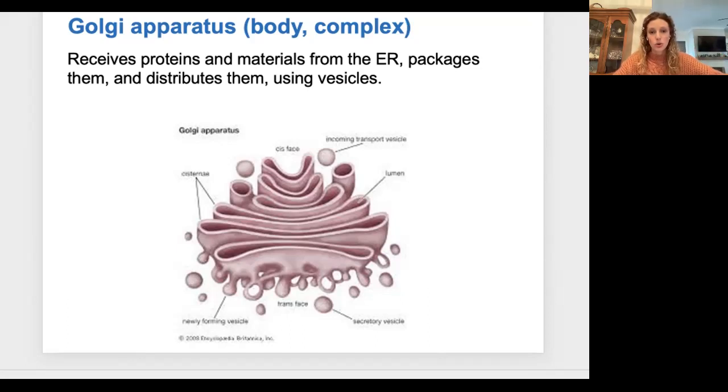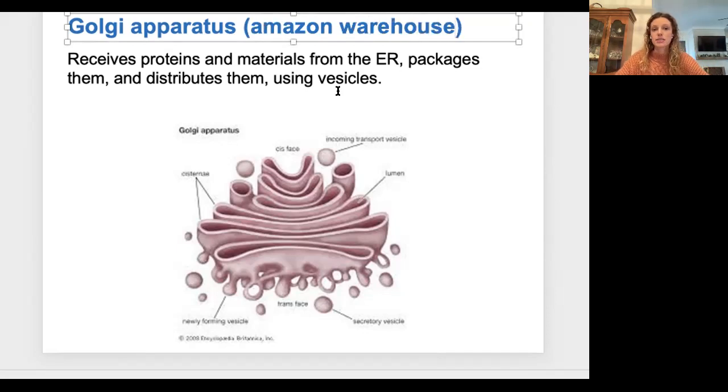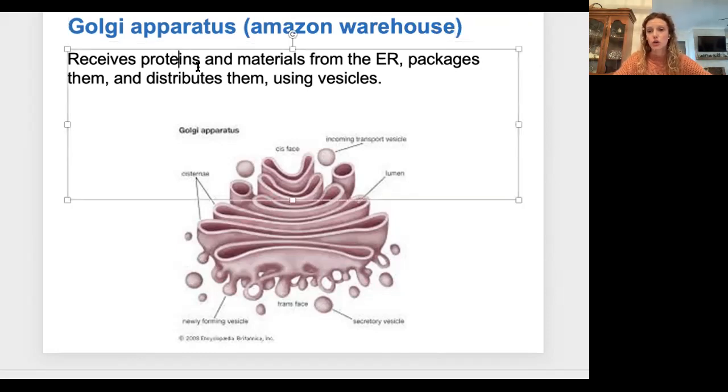Okay, so we're going to write this whole thing down. For the Golgi apparatus, instead of writing Golgi complex, I want you to write Amazon warehouse. Think of it as the Amazon people receiving this protein. They're receiving your hand sanitizer that you just ordered, and they're receiving it from the ER, the endoplasmic reticulum, so from the company.